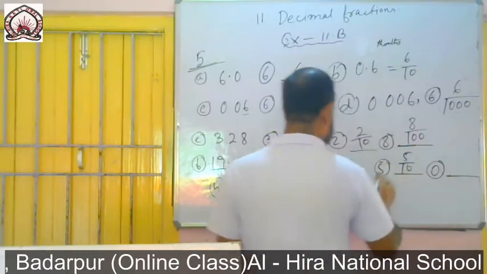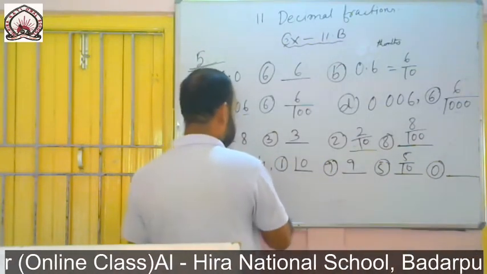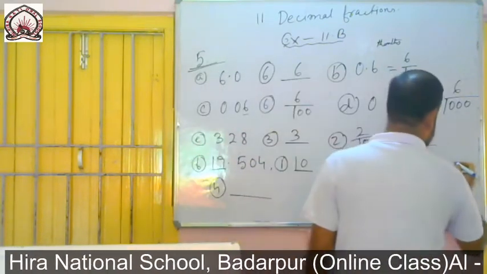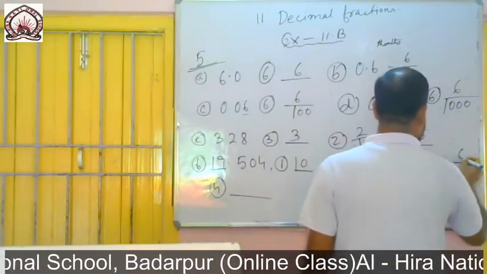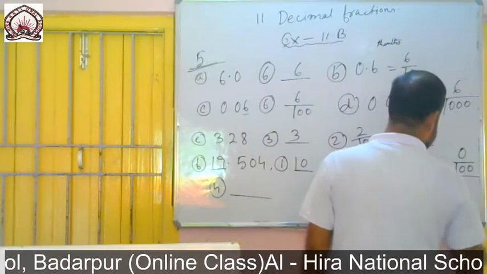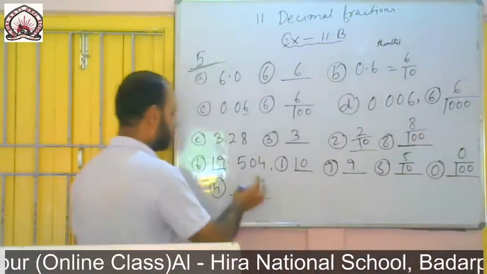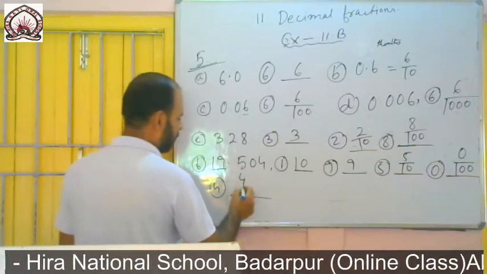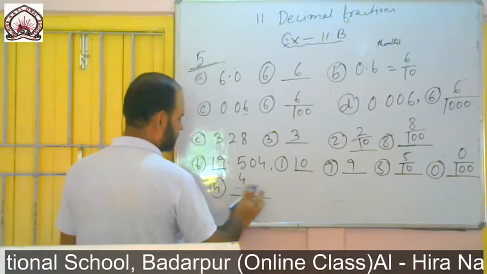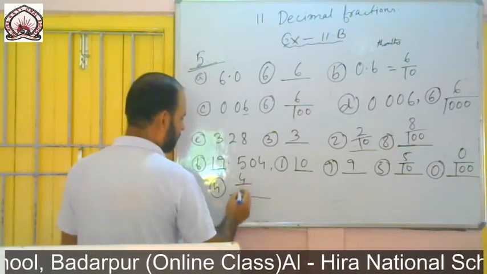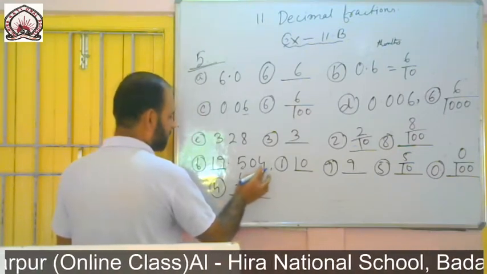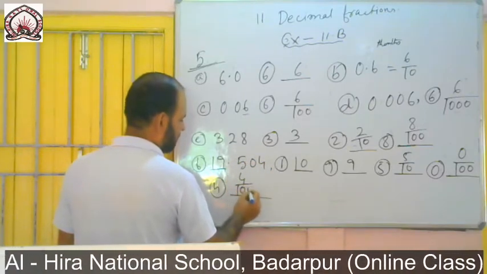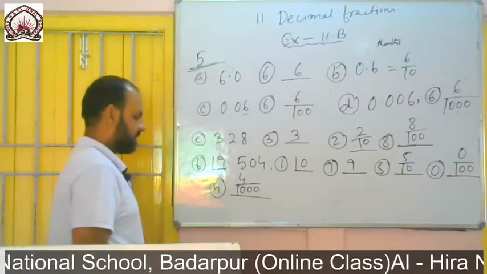The 0 is in the hundredths place, so its place value is 0 by 100. And the place value of this 4 is 4 by 1000.